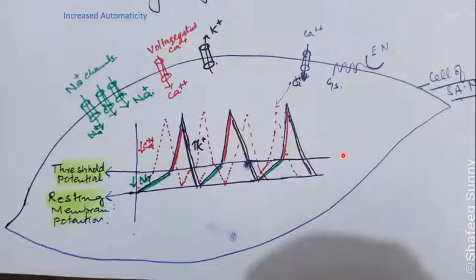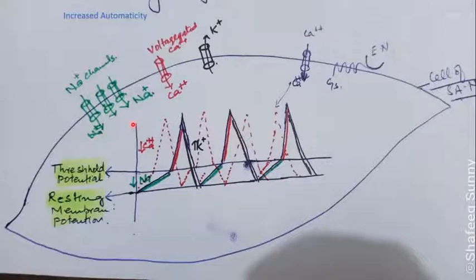In SA node cells, there are some sodium channels. These channels are known as the leaky sodium channels, because sodium is passing from outside the cell into the inside of the cell.